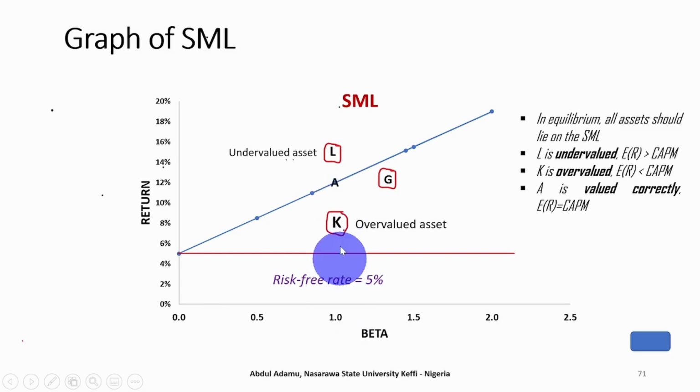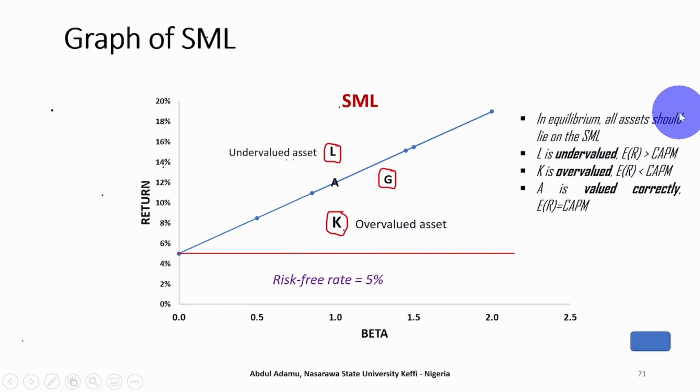The risk is 1, but instead of earning the 12% required return, it is giving us a lower return, which maybe is 8%. So this shows that this asset is overvalued.